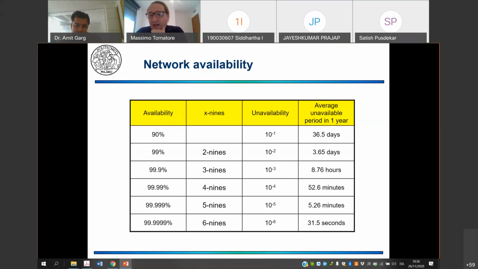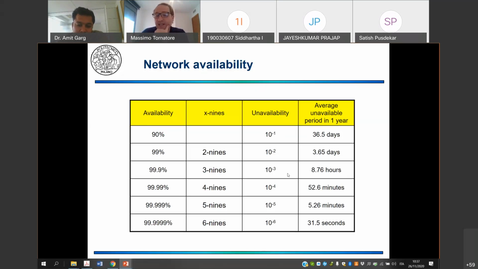Just to give an idea of how the availability is typically negotiated and stipulated with customers, people usually talk about a number of nines. They say my service is 1 nine, 90% availability, 2 nines, 99% availability, 3 nines, etc. That can be represented in terms of the average unavailable period in 1 year.